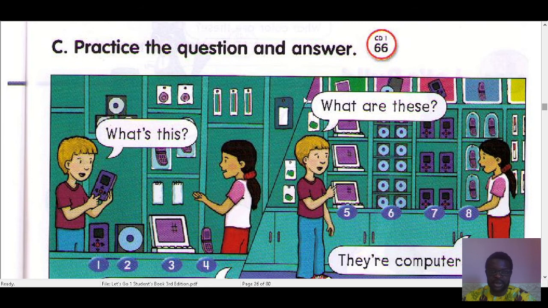I want to make sure that you get to know more about this and these. When we use what is, we're using is with this, because is a singular verb. So this shows that something is just one. But here, what are these? These means that there are many. It's more than one. That's why we're using the plural verb, which is what are. They are computers.